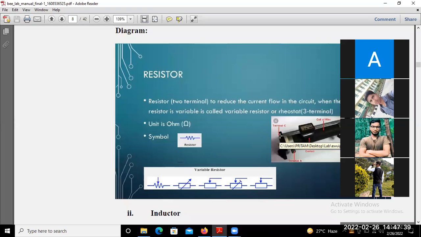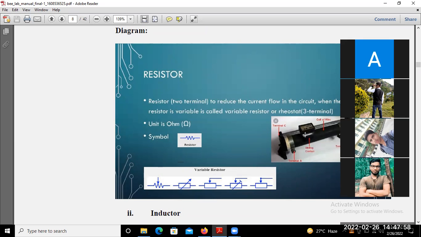If I start from this point, the resistance value from C to A, if you consider A as the output terminal, is the resistance in your circuit. If this slide wire is kept at this position, what is the resistance value? Minimum.